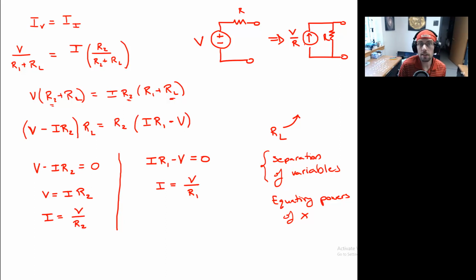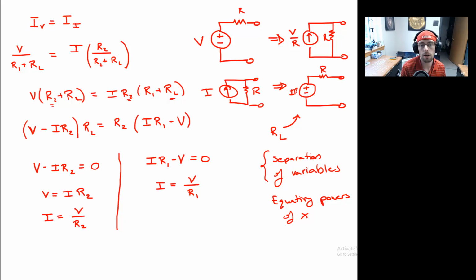Good. And conversely as well, if you're given a current supply I in parallel with R, you can change that into a potential supply in series with R. And the value of the potential supply is IR.